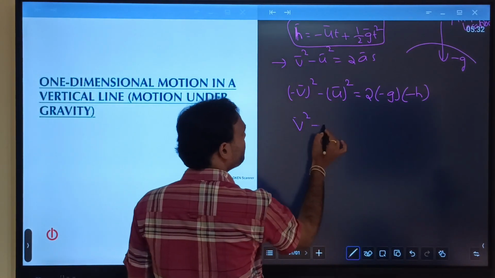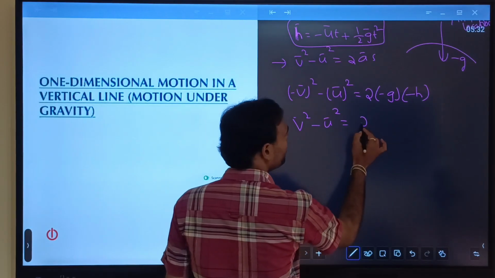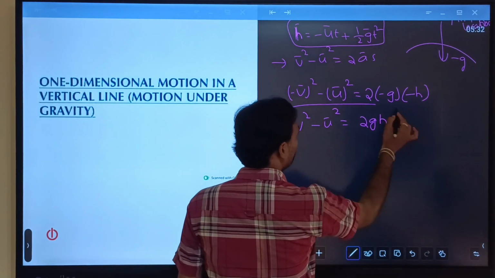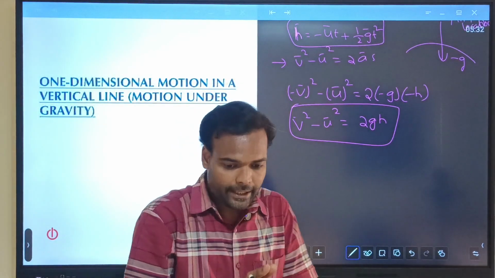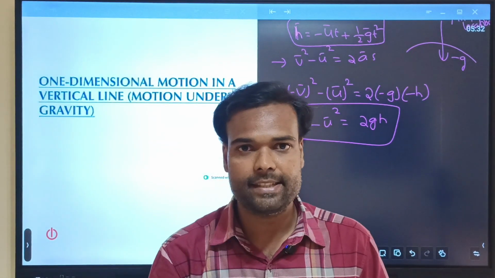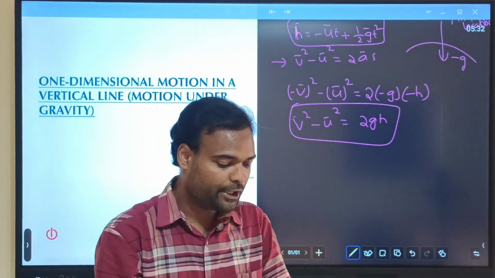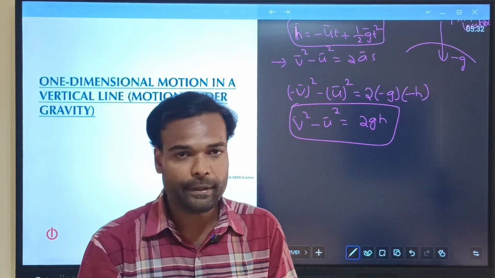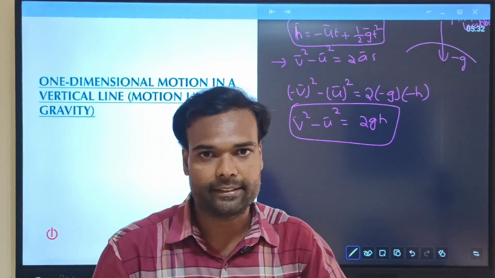So v square minus u square equals 2gh. This is how we represent it in four different cases, how the uniformly accelerated motion equations can be applied.